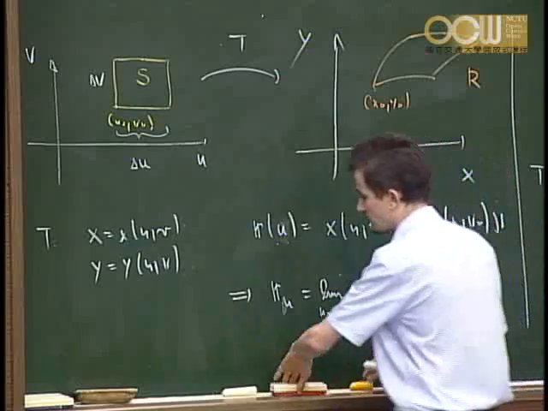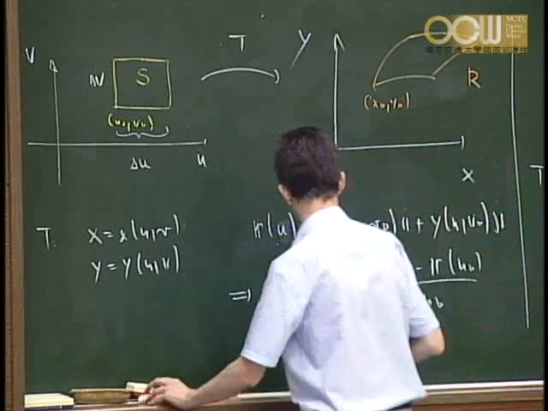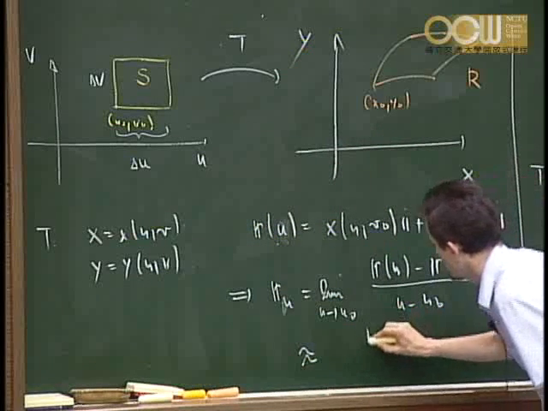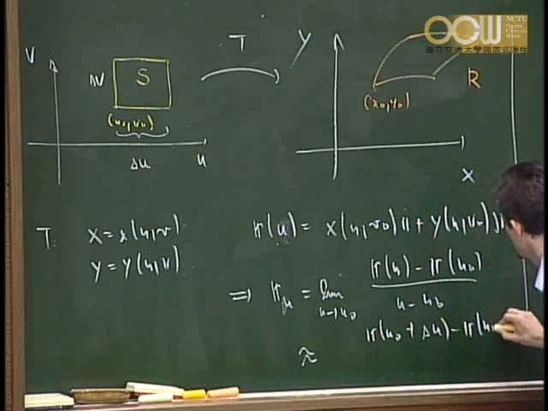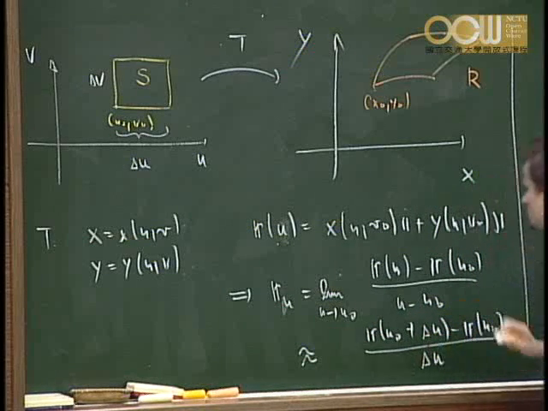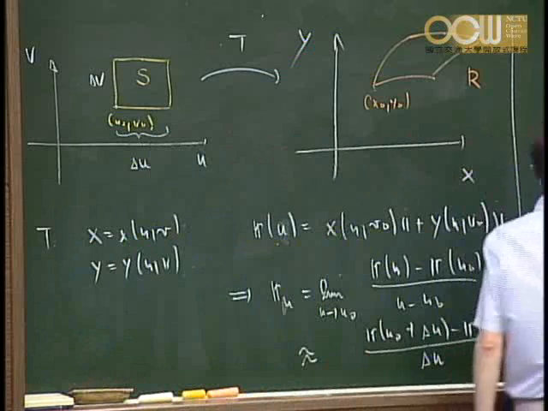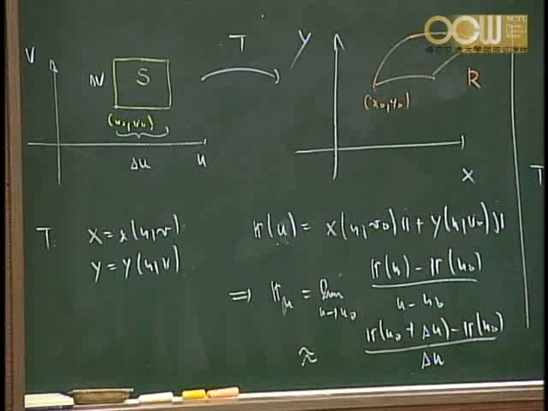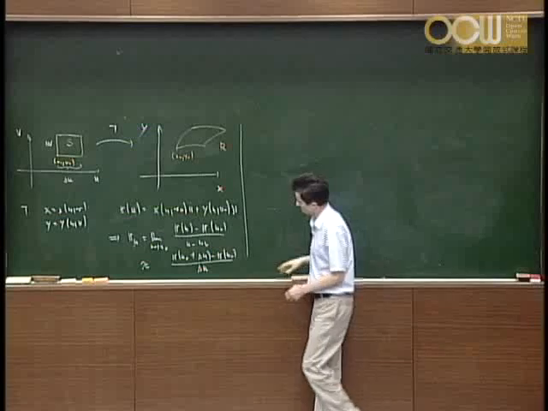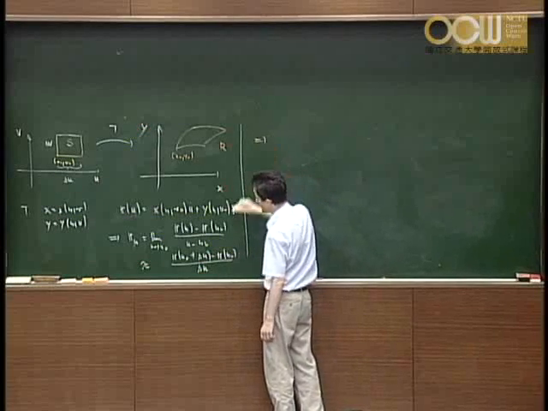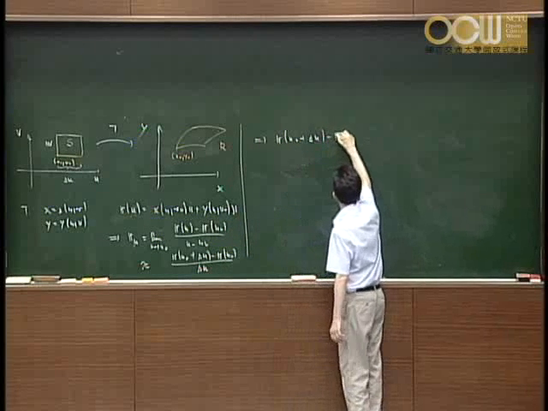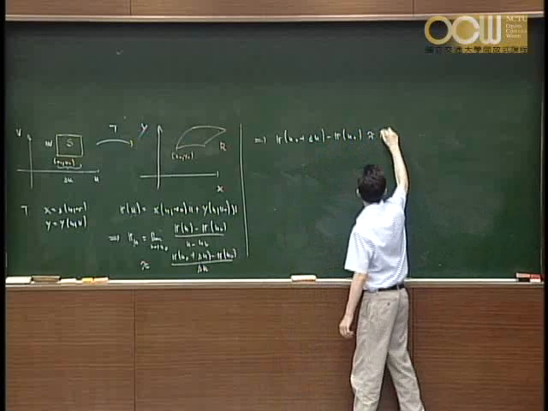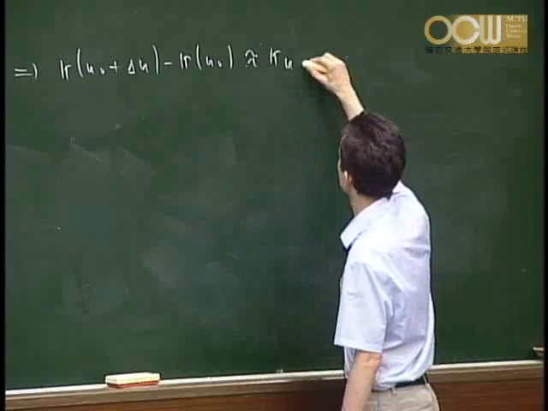So this limit is roughly, I can approximate it by R of U0 plus delta U minus R of U0 over delta U. From this, you see that roughly this vector R of U0 plus delta U minus R of U0 is roughly the derivative of R with respect to U times delta U.